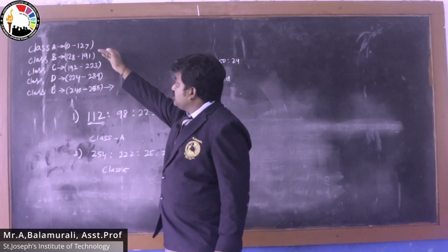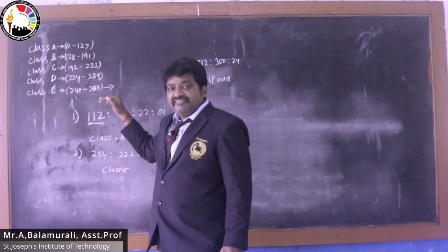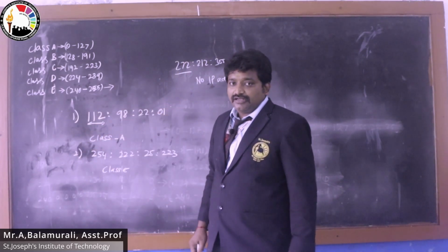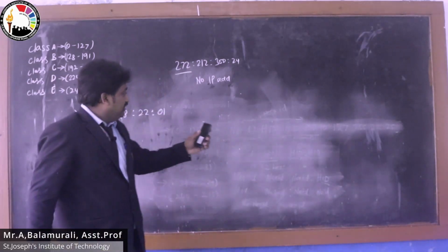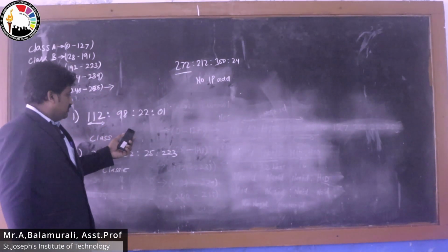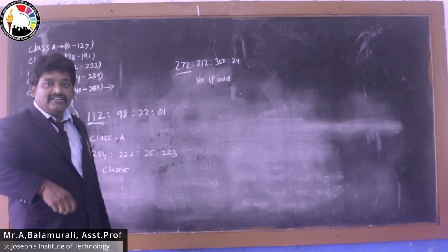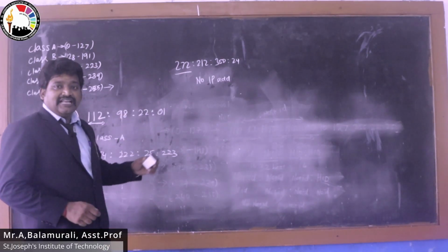Only 0 to 255 is valid for an IP address. Any number apart from that is not an IP range. Okay, so like this they ask many problems. They simply give the decimal values and you have to find the class addresses or class types.